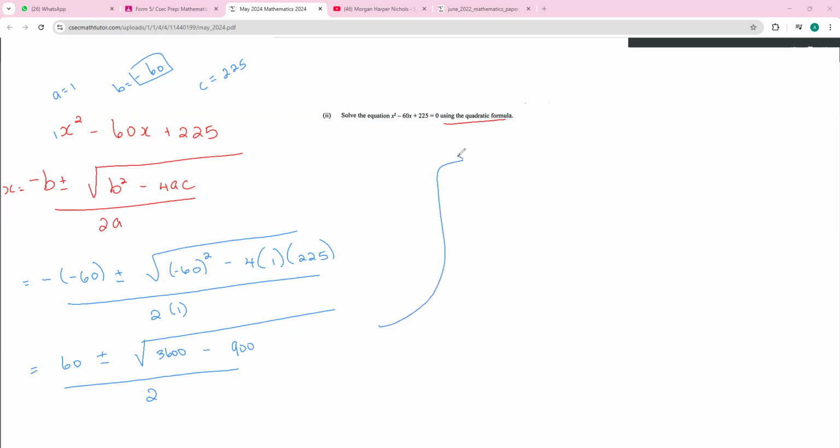Then 60 plus or minus, we could work out 3,600 minus 900. I got 2,700.